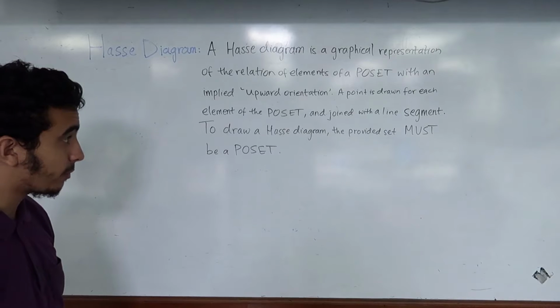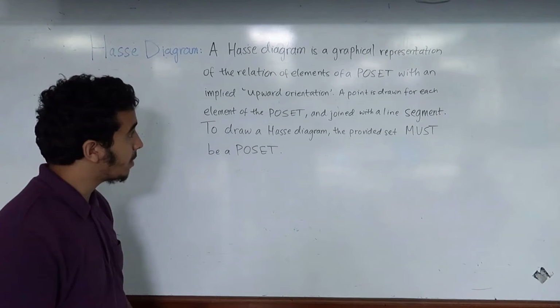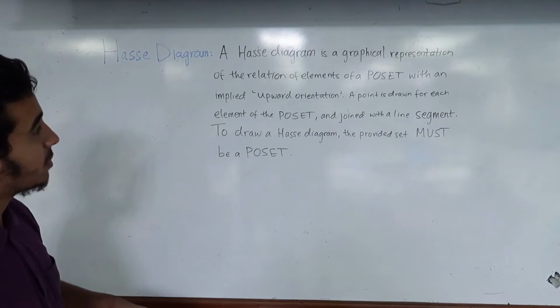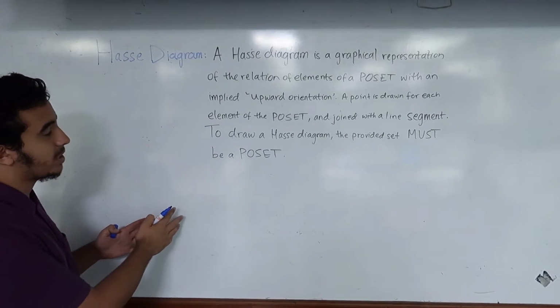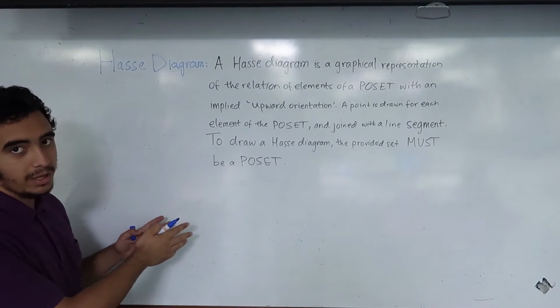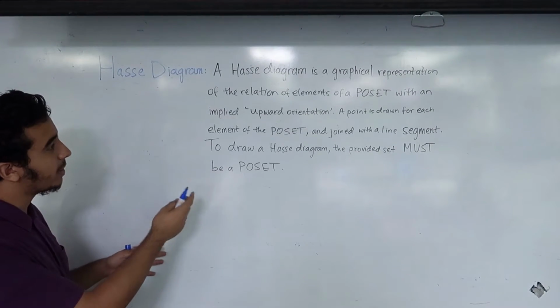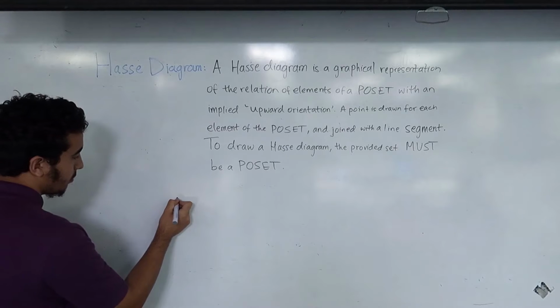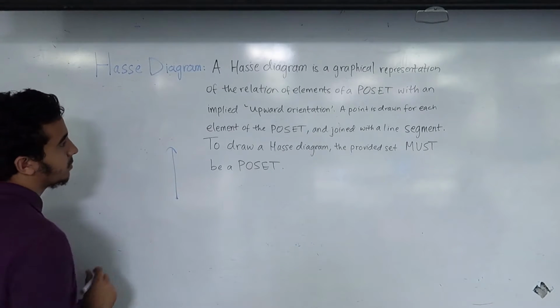To draw a Hasse diagram, the provided set must be a poset. Basically, the Hasse diagram is just a graphical representation of the elements of that poset, of course with an implied upward orientation. Upward orientation just means that you're going from bottom to top.